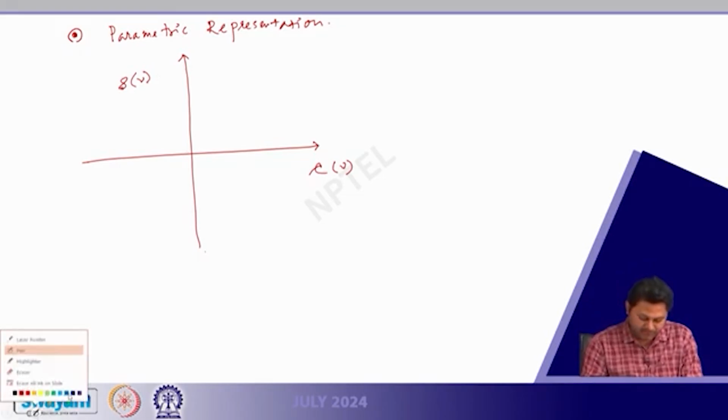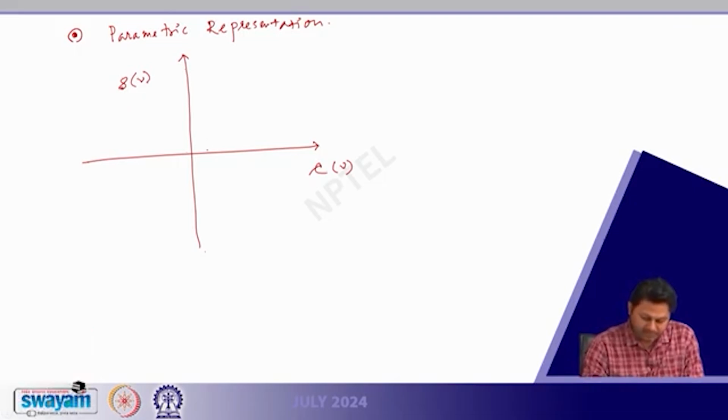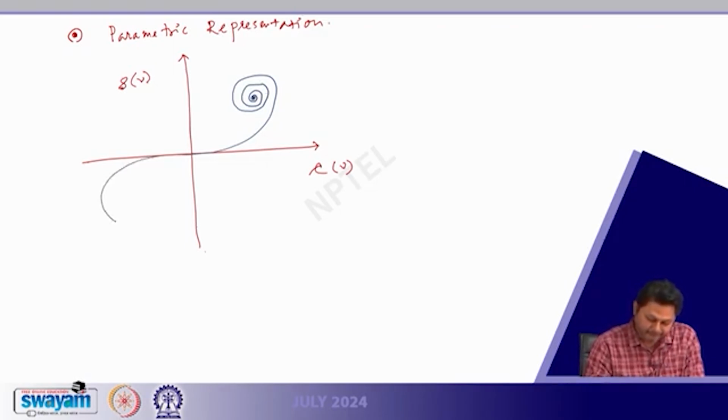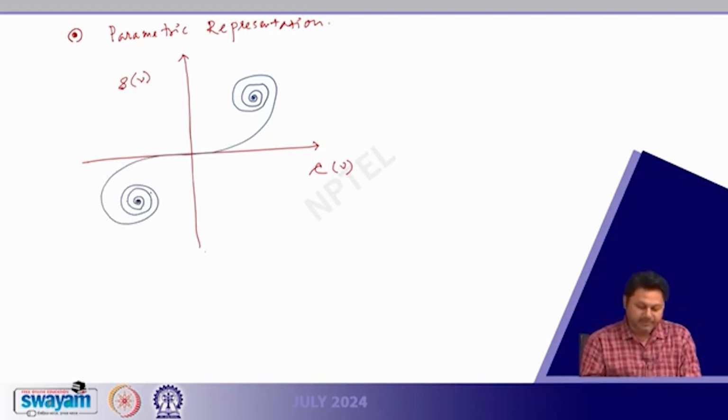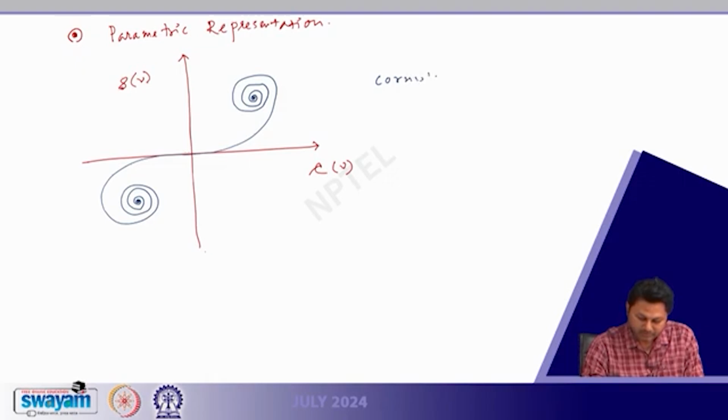We just increase the value of nu, and then we find what is the value of C and S. And if we plot that, we get a curve like this, an interesting looking curve. This kind of curve we get, and this is called the Cornu spiral.